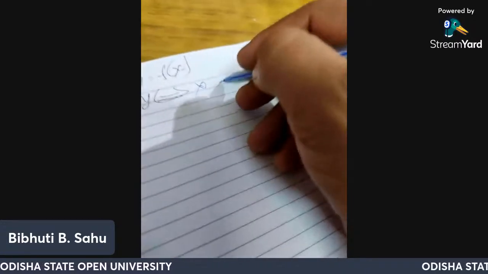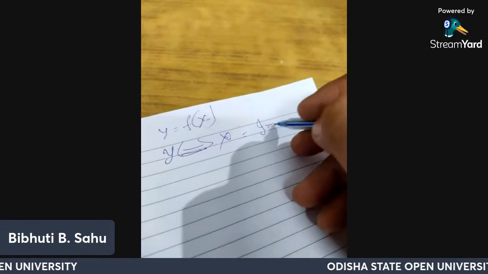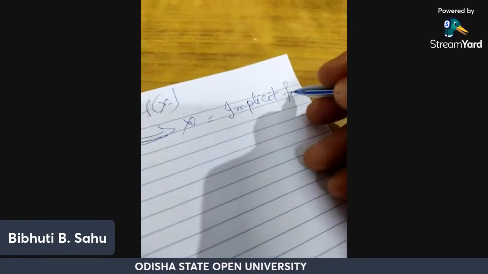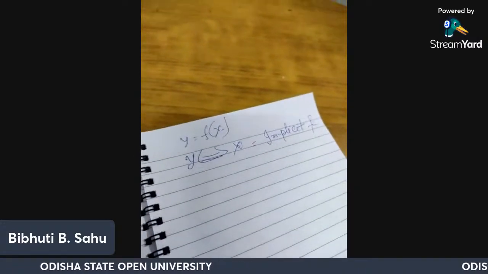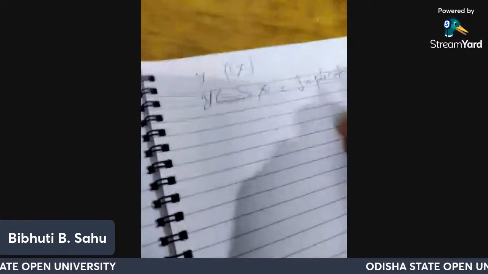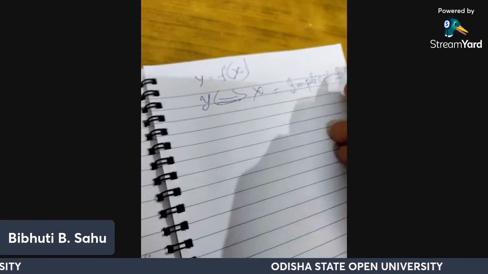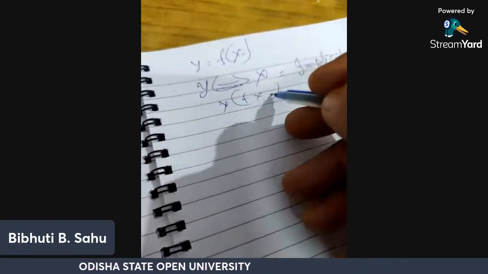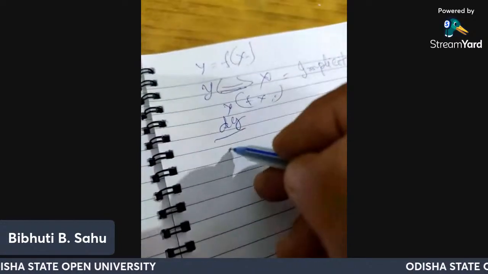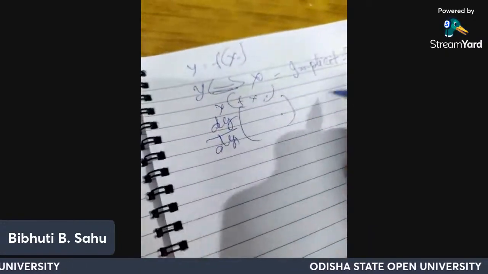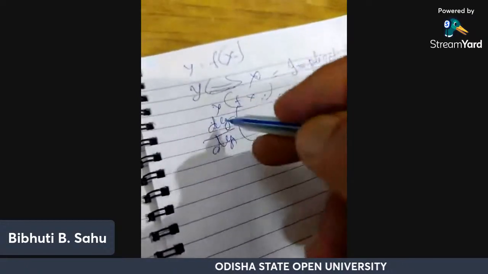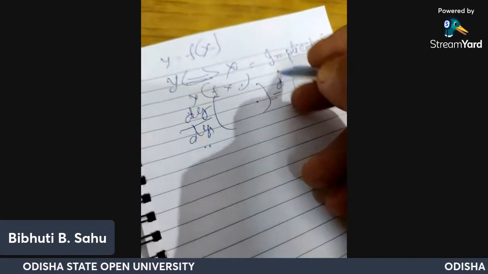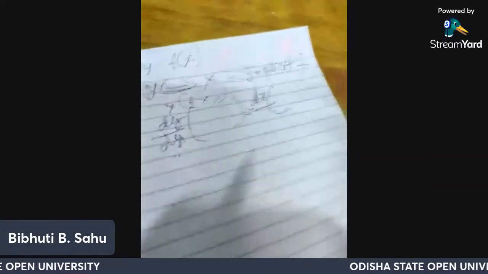That means there may be the case of implicit functions. So when there are implicit functions, we have to find out if y is a function of x, and then take dy by dx of the total equation on both sides.